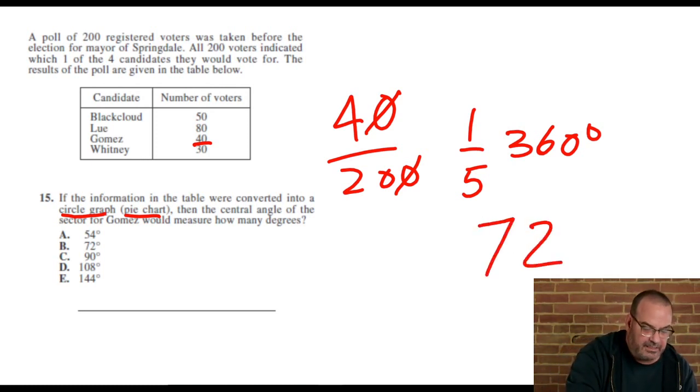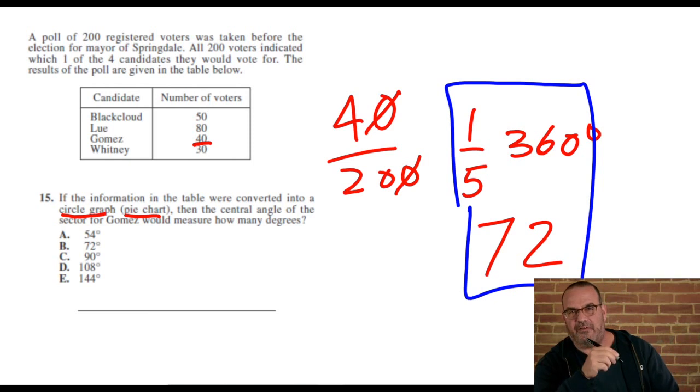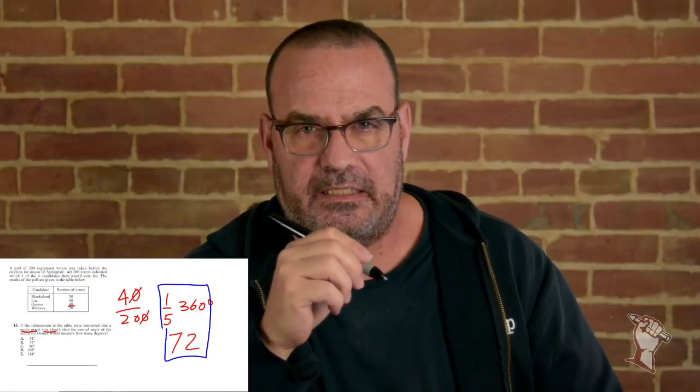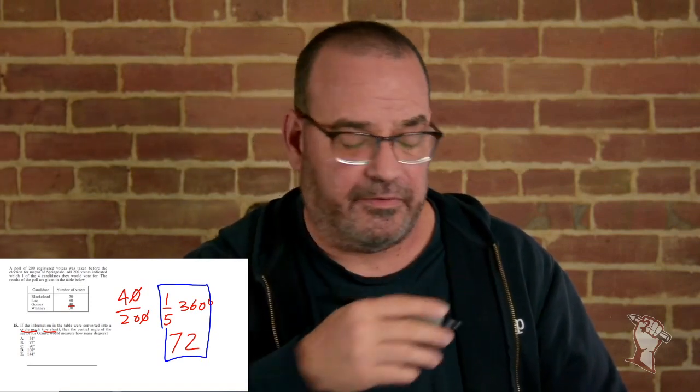Okay, can you do me a favor? You want a high score? Memorize this stupid fraction. I have seen 1/5 of 360 appear more on the SAT and the ACT than any other fraction. The other ones they like are 45 degrees, 1/8 of 360, and 90 degrees, 1/4 of 360.